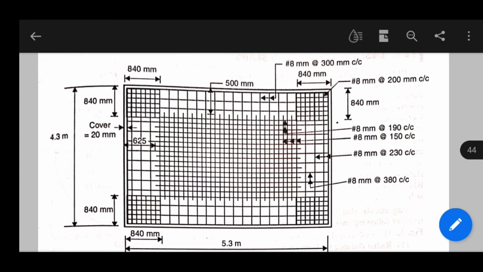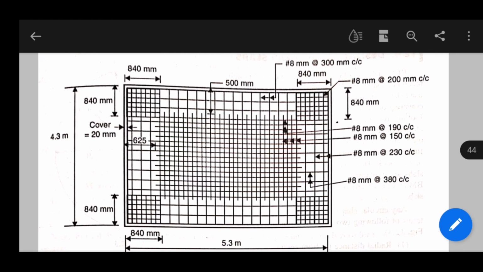This is the main plan of bottom reinforcement, which we have mainly designed, which you have got through the design. As per the design, this drawing has been done. You can see here the mesh size, edge strip size, number of bars and dia of bar at given support.